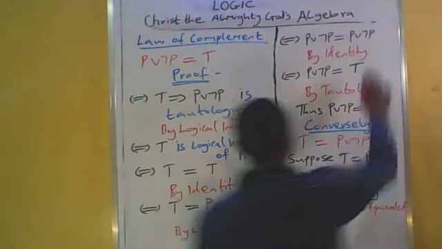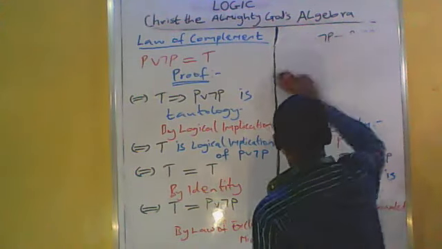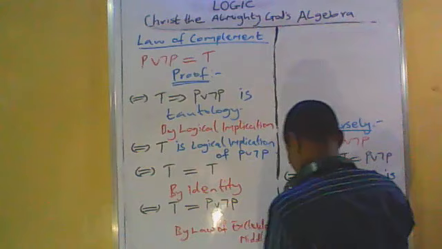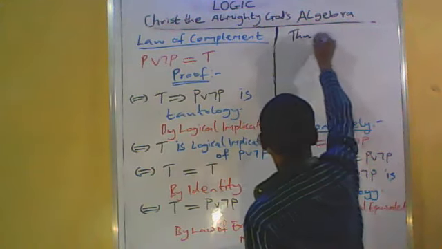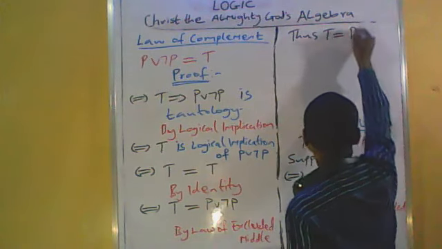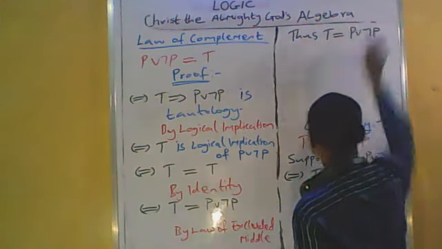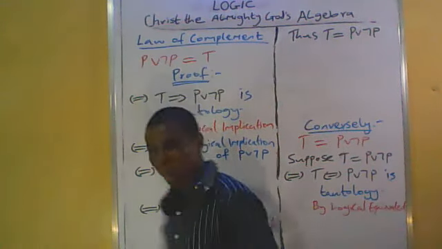We then conclude, thus, T is equal to P or not P. We have now proved the converse.